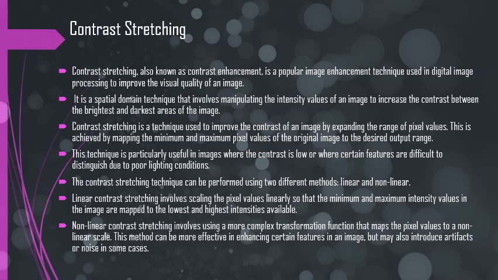Nonlinear contrast stretching involves using a more complex transformation function that maps the pixel values to a nonlinear scale. This method can be effective in enhancing certain features in an image, but may also introduce artifacts or noise in some cases.